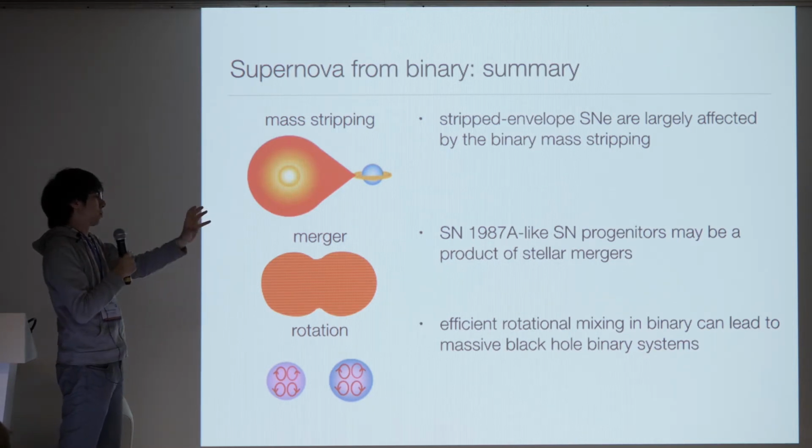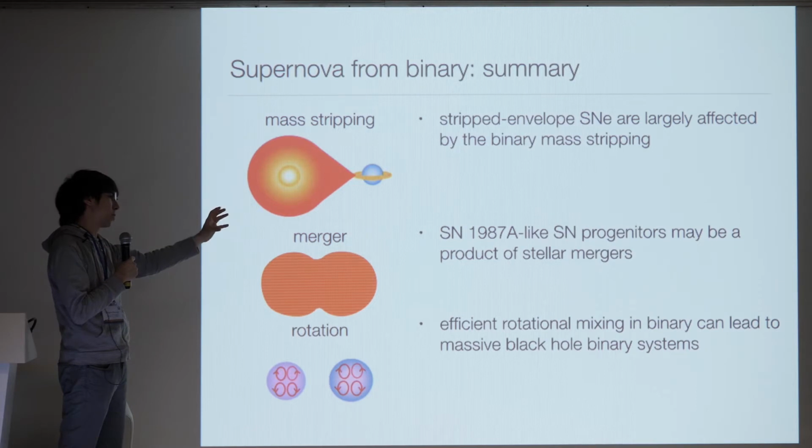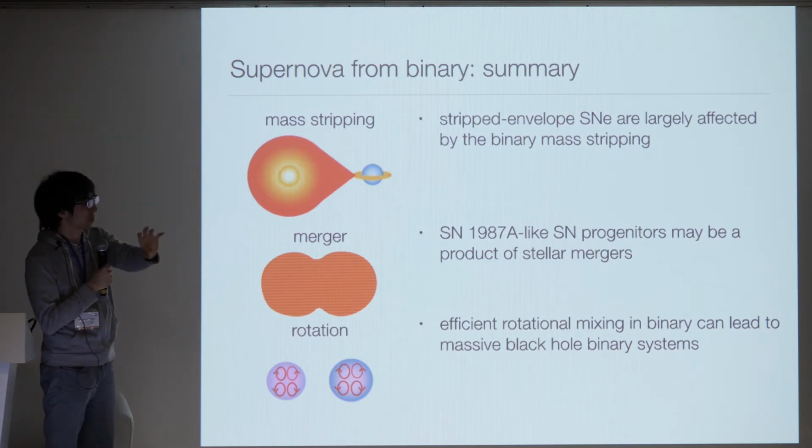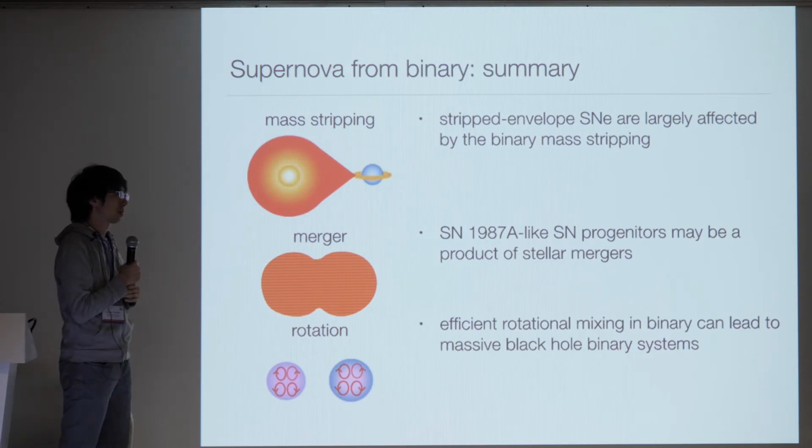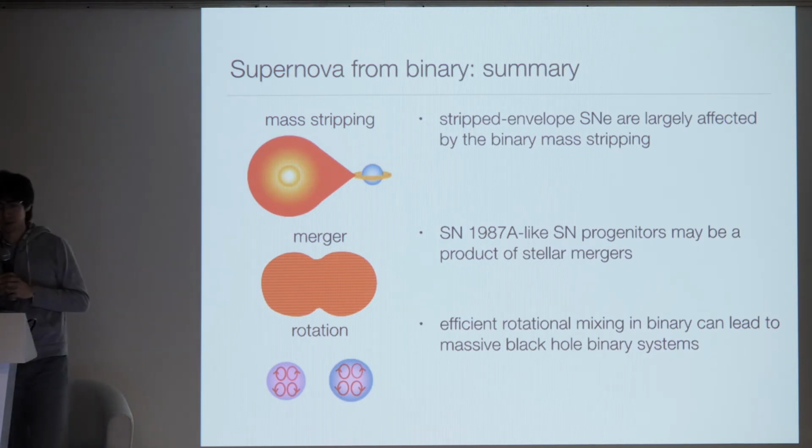If we take, let's say, a 5 solar mass helium core from single stellar evolution and a 5 solar mass core from binary stellar evolution, and we do the nucleosynthesis, there won't be much difference. So you cannot tell. Thank you.